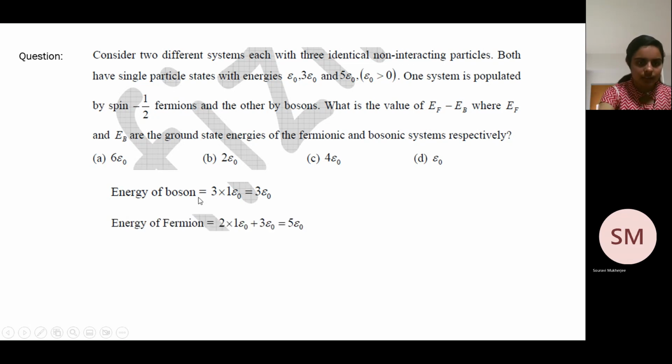So that means now the ground state energy for fermions would be 2 into epsilon naught. In the minimum or the lowest energy level given, that is epsilon naught, you can have two fermions, one with an up spin and another with a down spin. But then you cannot have any more particles there, right? That is how electrons are distributed in the different energy levels, so that it satisfies the Pauli exclusion principle.